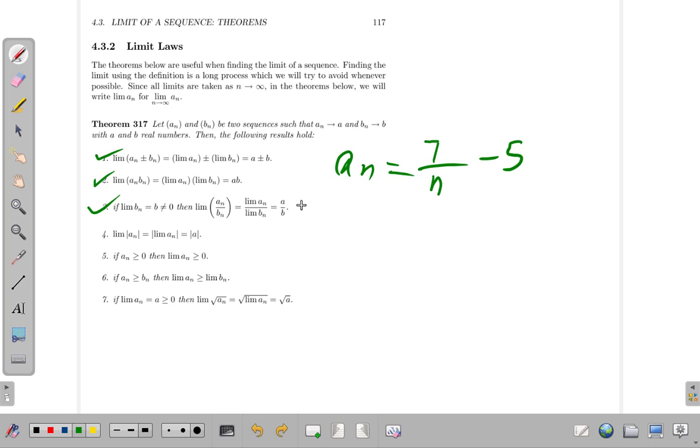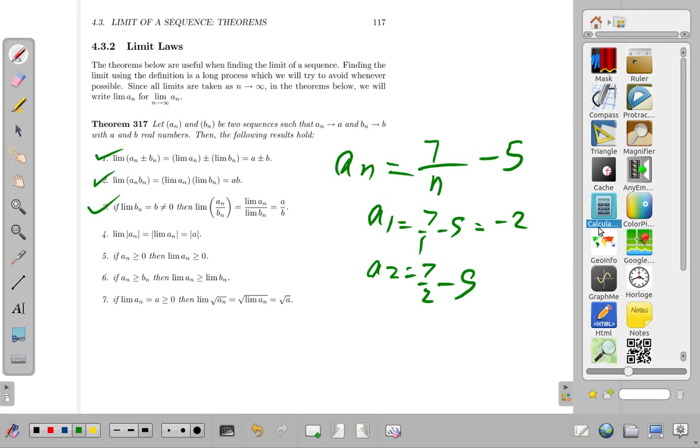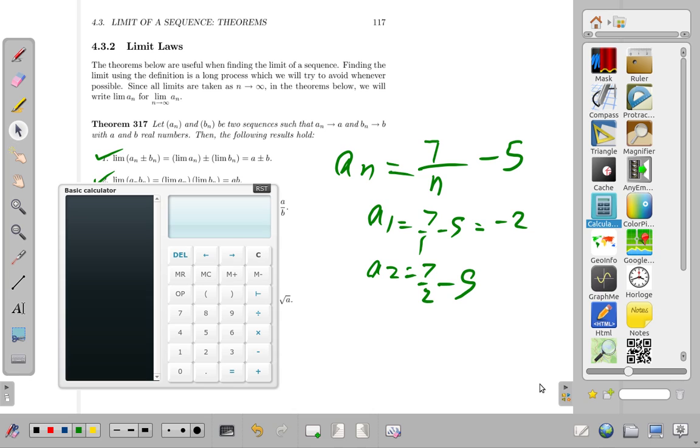Now, the limit of a positive value of this. Let's see the first few terms of this. A1 would be 7 over 1 minus 5, which is negative 2. A2 would be 7 over 2 minus 5, which is what? Let's look at our calculator.